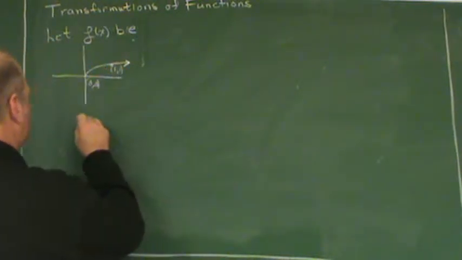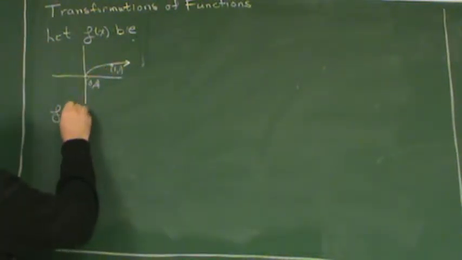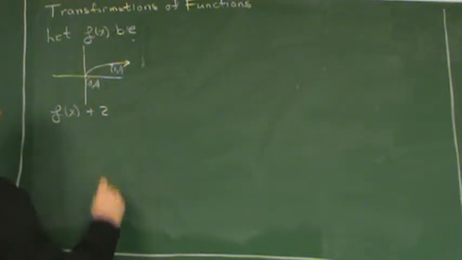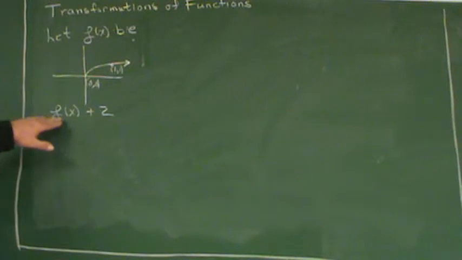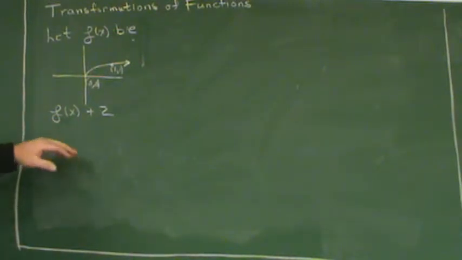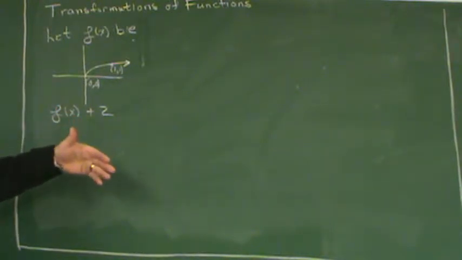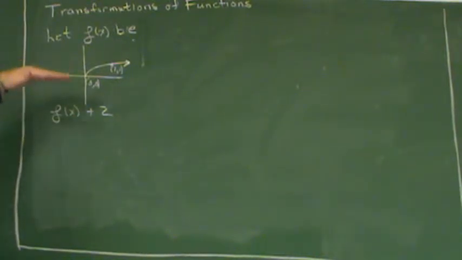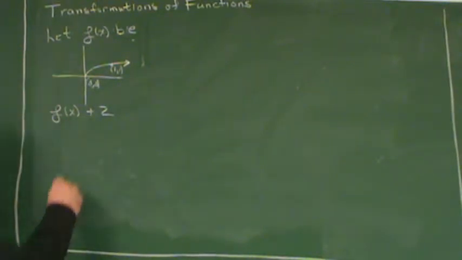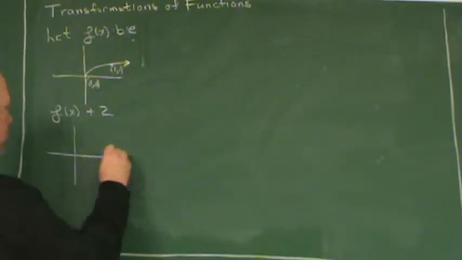So if I looked at, say, f of x plus 2. Well, remember, if you think of f of x as the range and x as your domain, this makes life a whole lot simpler. This 2 affects the range of this function. So it's going to add 2, it's going to shift everything up 2 units. A rough sketch of this would look something like this.